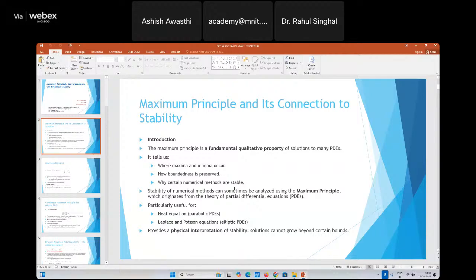But if it is the other way, for example you have made small changes and you have found that in the solution output there is a big change, then we can say that this is not stable.